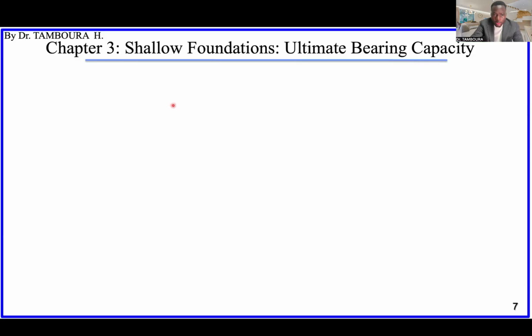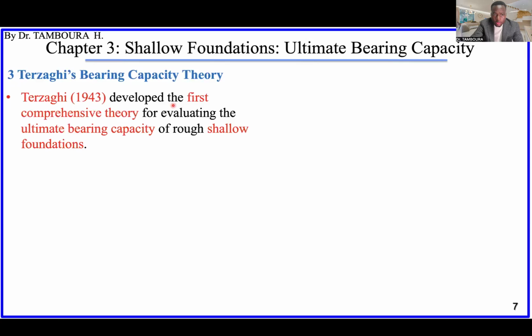Who is Terzaghi? Terzaghi is a French guy. In 1943, he developed the first comprehensive theory to allow engineers to evaluate the ultimate bearing capacity of shallow foundation.